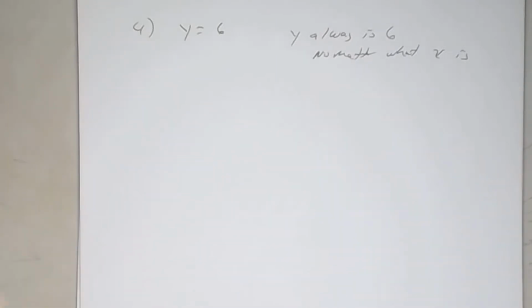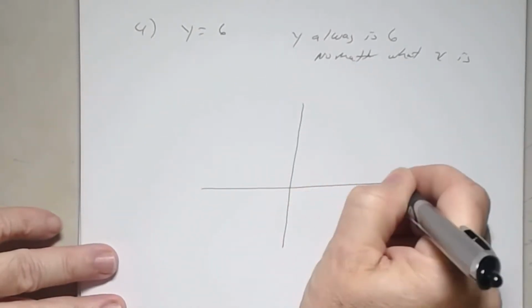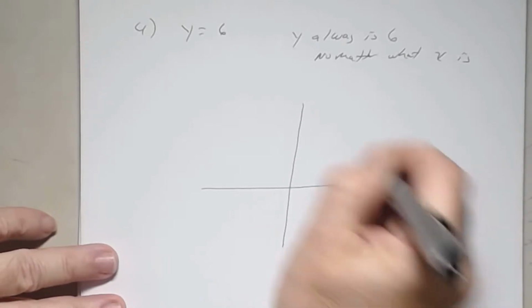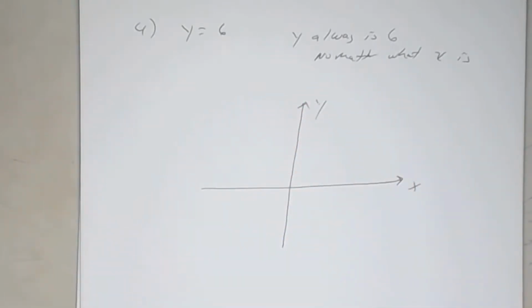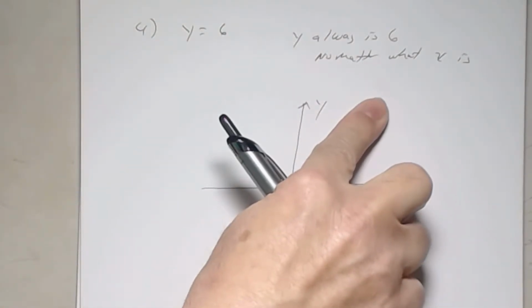I still want to graph this in the coordinate plane. Now remember, in the coordinate plane, what are your axes? An x and a y. So if I graph this line using a t-table, I've got to determine what the x and y coordinates are. You may say, well, there's no x coordinate. How can you determine the x coordinate? It doesn't matter. y is always going to be what? 6, no matter what x is.